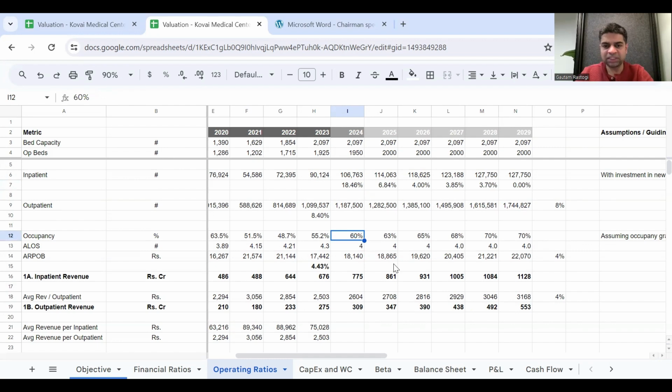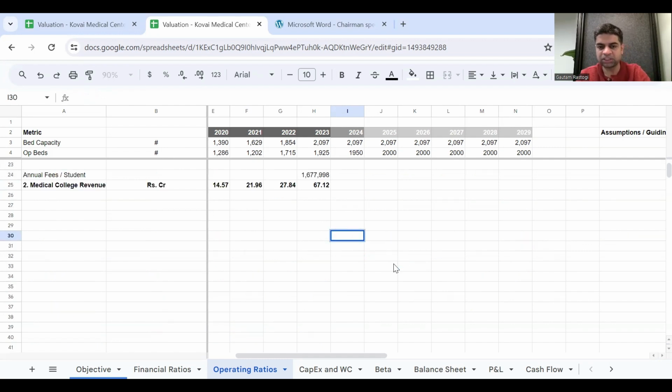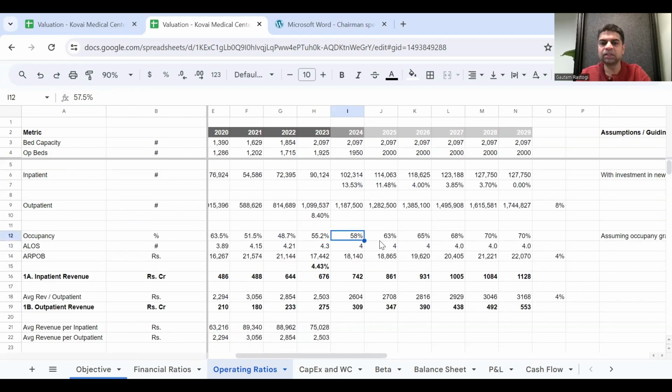So occupancy, if I reduce the occupancy to say 57.5, because they have not really reported H1 occupancy. Obviously we'll have to revisit these assumptions when the actual numbers are out. If you see, this number drops.